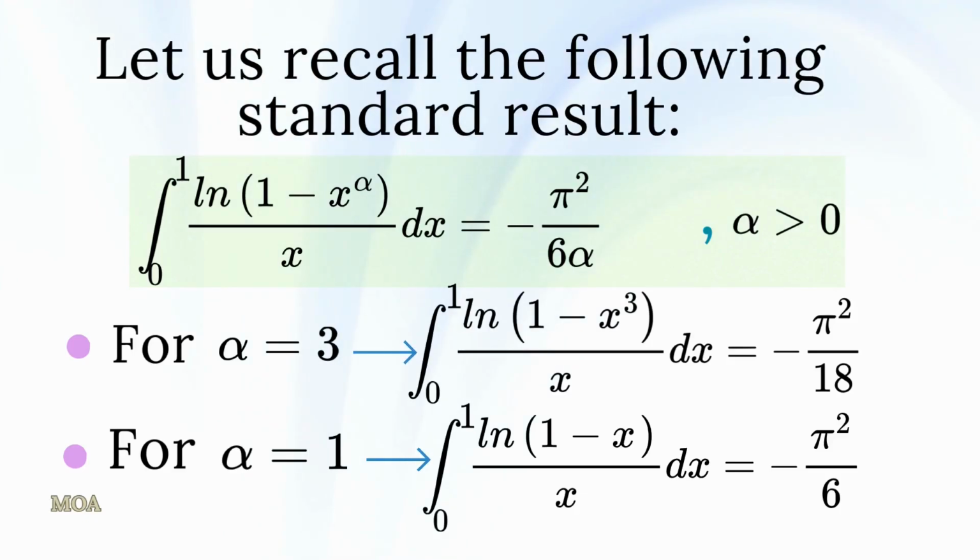For α = 3, ∫₀¹ ln(1 − x³)/x dx = −π²/(6·3) = −π²/18. Likewise, for α = 1, ∫₀¹ ln(1 − x)/x dx = −π²/(6·1) = −π²/6.